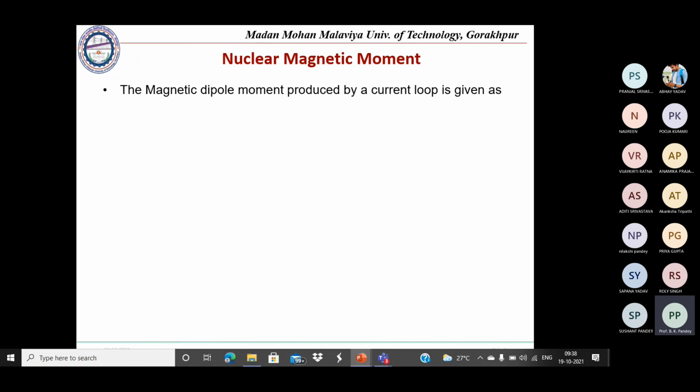And that is really responsible for the magnetic moment and other parameters related to that nucleus. This magnetic property will be related to the current-conducting loop, and after all we will consider what the magnetic dipole moment is.